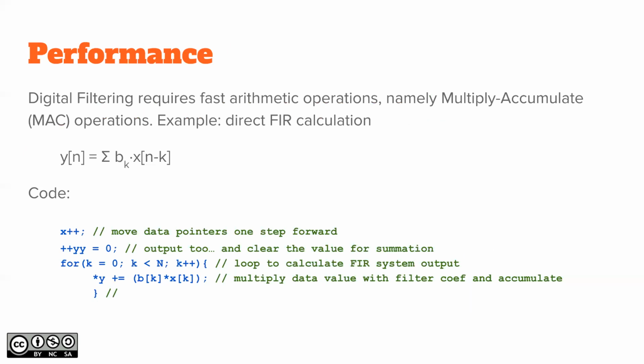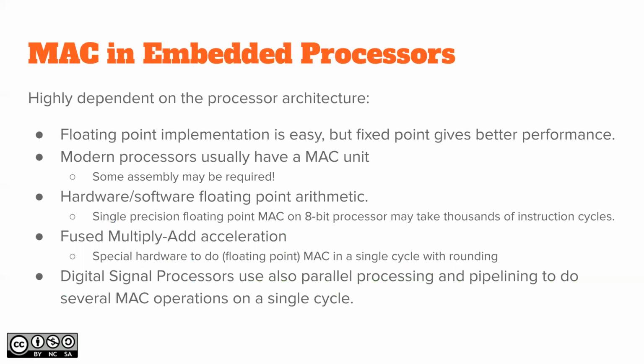When you are doing digital signal processing, we are mostly doing multiply accumulate operations. Processors are different. Some of them have support for DSP, some of them don't. 8-bit processors are very cheap, but on the other hand, there is no floating point at all. The only way to do the calculations is fixed point, and then you usually need to take care of those different integer numbers by yourself.